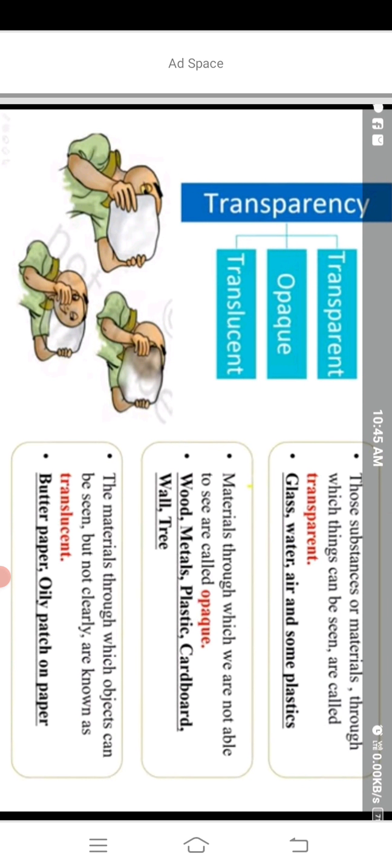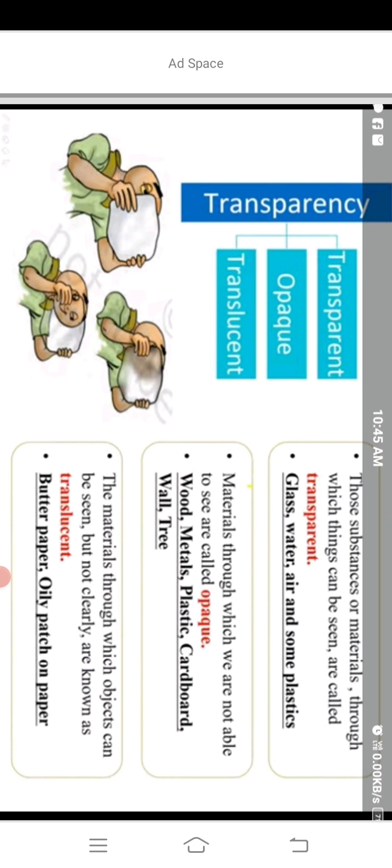Again, one activity I just told you: if you cover the glass of a torch with your palm at a dark place, and now switch on the torch and observe the other side of the palm, you can see that our palm is not totally opaque.